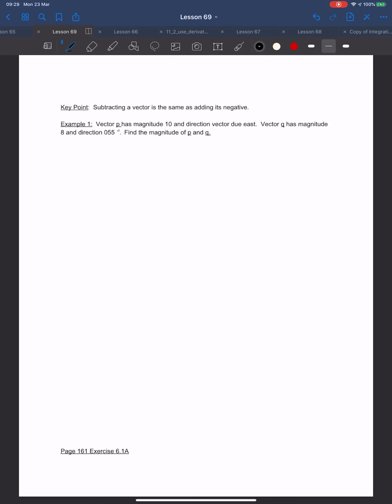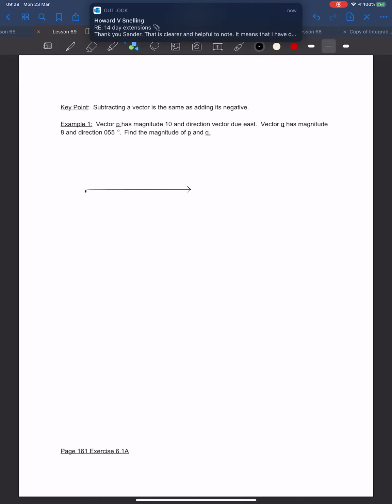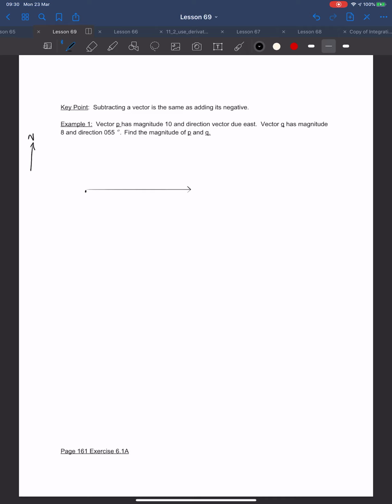Key point at the top here: subtracting a vector is the same as adding its negative. So example 1. My book's slightly different. Vector P has magnitude 10 and direction due east. So P is 10, with north, south, west, east.